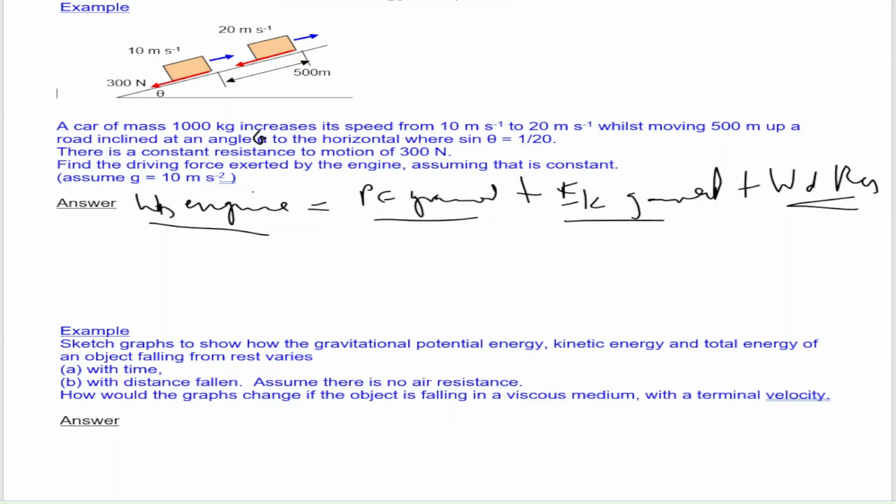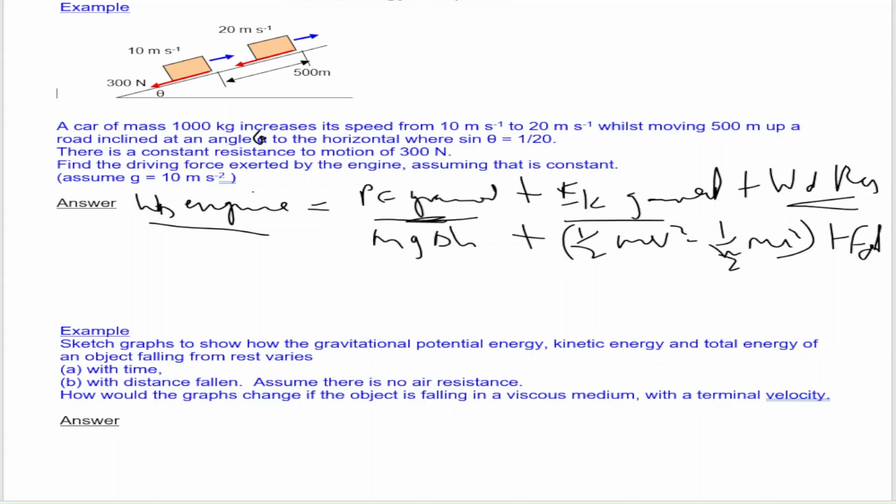In order for us to get the PE gained, remember it's going to be mg delta h. And this one is going to be half mv squared minus half mu squared, the kinetic energy gained. And then this is just going to be force times distance.